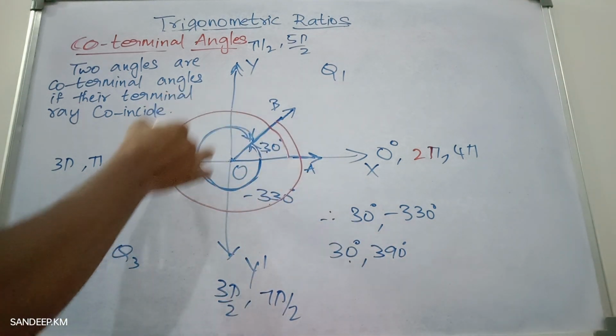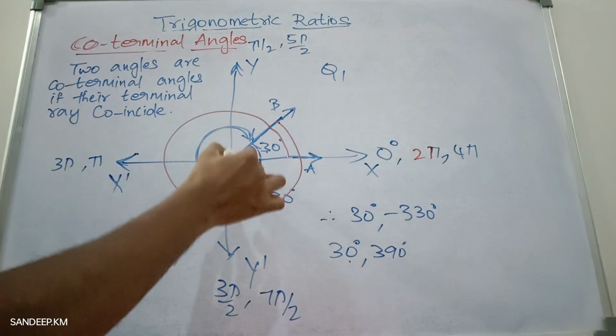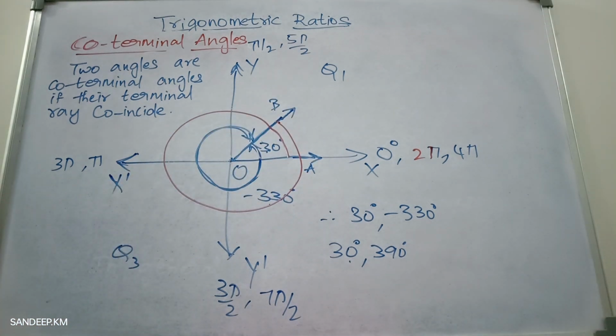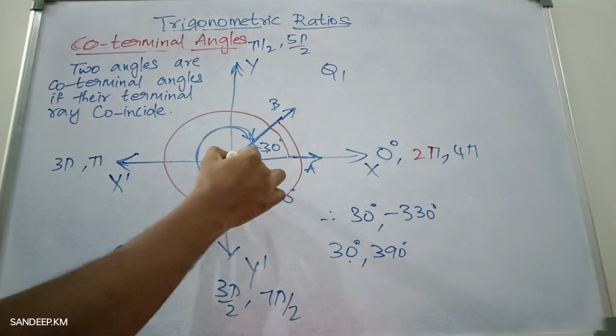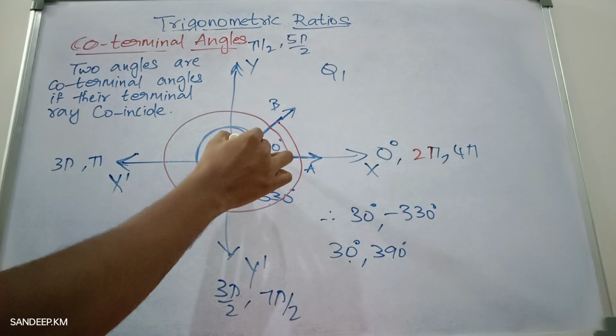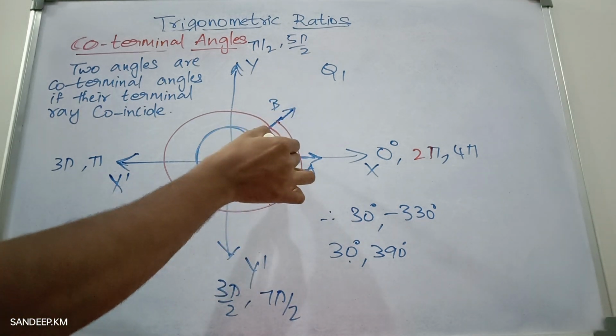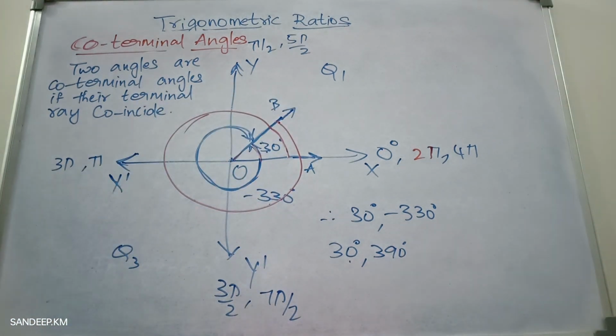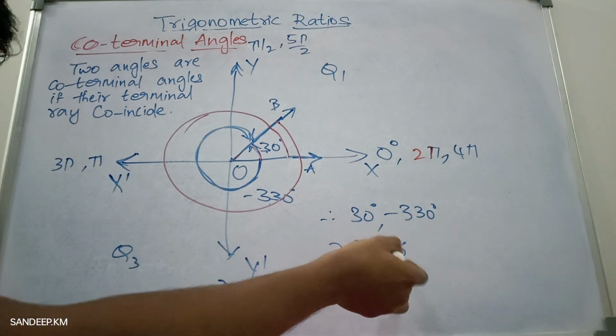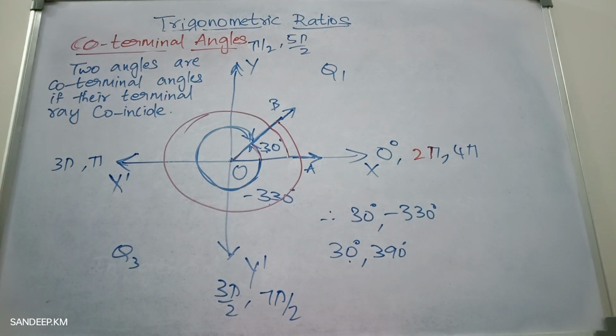So this angle 390 degrees also has the same terminal side OB. Correct or not? For 30 degrees the terminal side is OB, and for 390 degrees also the terminal side is OB. So 30 and 390 degrees are also coterminal angles.